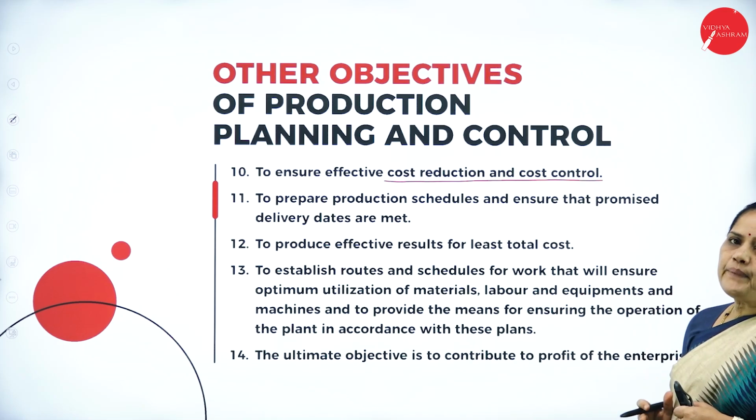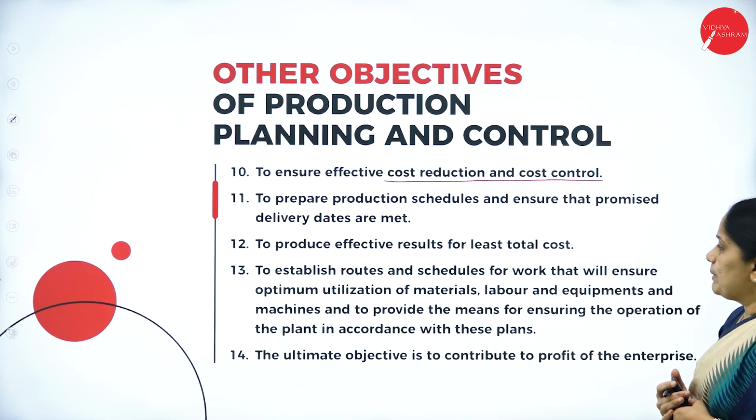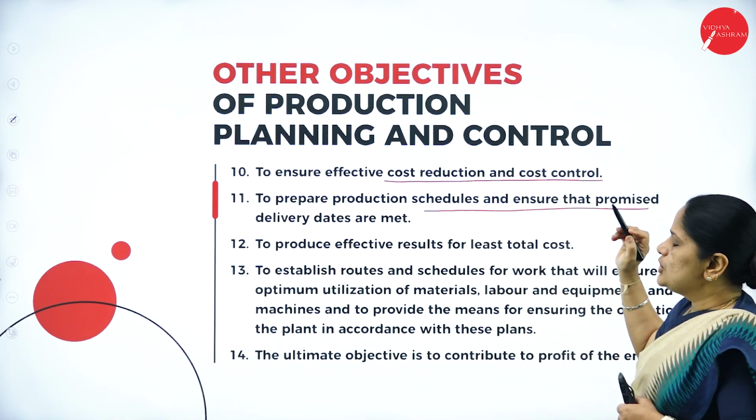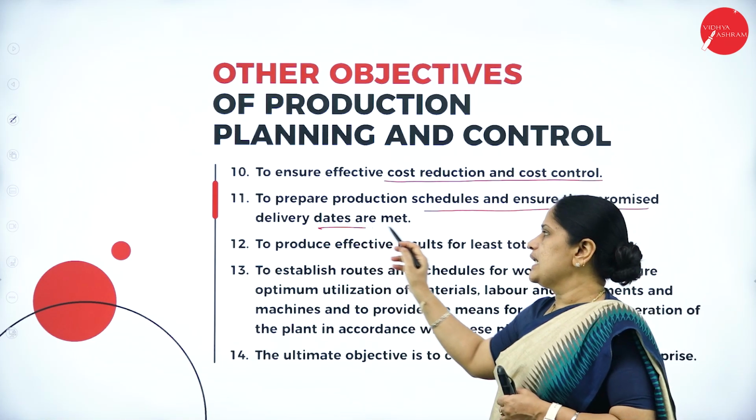So this is the major objective of production planning and control, to prepare production schedules and ensure that promised delivery dates are met.